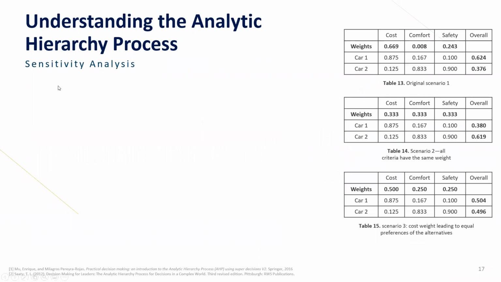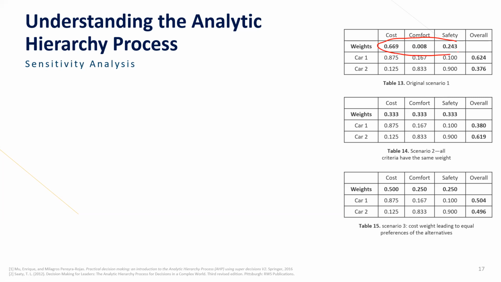We already get the result until that step: the overall priority, or model synthesis. However, the result of AHP really depends on the weight of the criteria. And as you know, sometimes this weight is prone to bias.